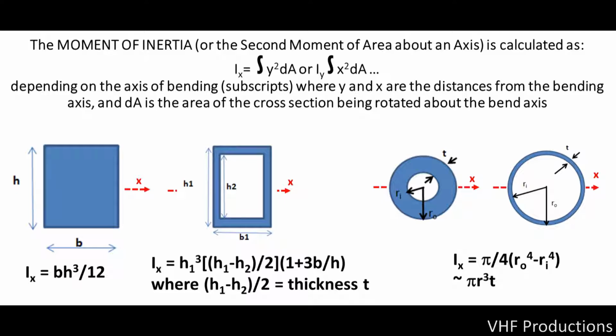Shown here are schematic drawings of the 4 different geometry cantilever beams that we will be using in the lab. The 2 on the left, the rectangular shapes, one solid and one hollow, represent the rectangular cross-sections for the 2 steel bars being used. On the right are 2 circular cross-section tube geometries, which represent the 2 aluminum bars that we will be using.